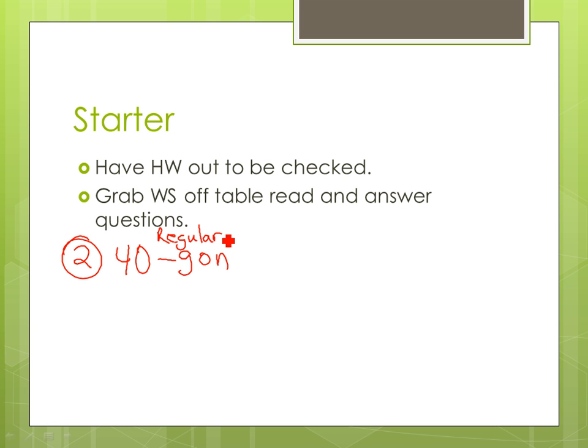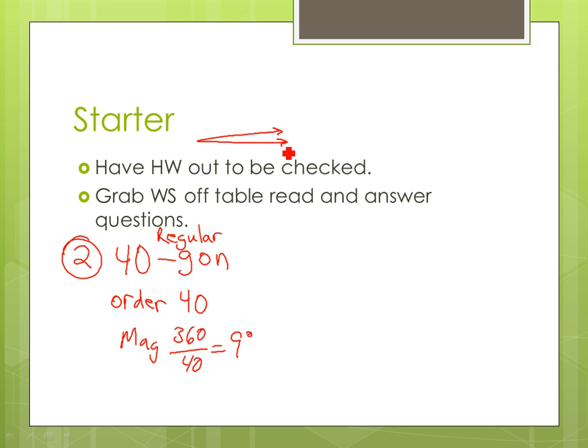The order for the square was 4, which was the same as the number of sides. Well, the order here is going to be 40. And to find the magnitude, we take 360 divided by 40, and you get 9 degrees. So a 9-degree turn is going to be just a real small turn. That amount of turn on a 40-gon, it's going to look exactly the same.